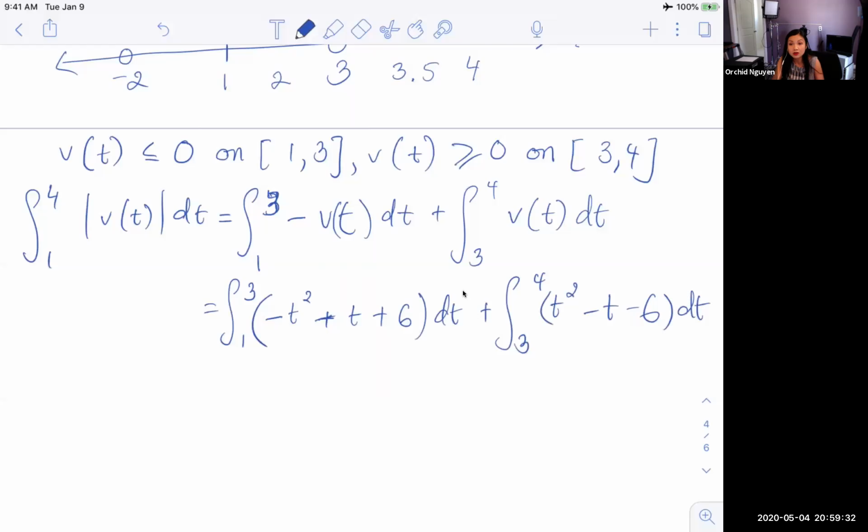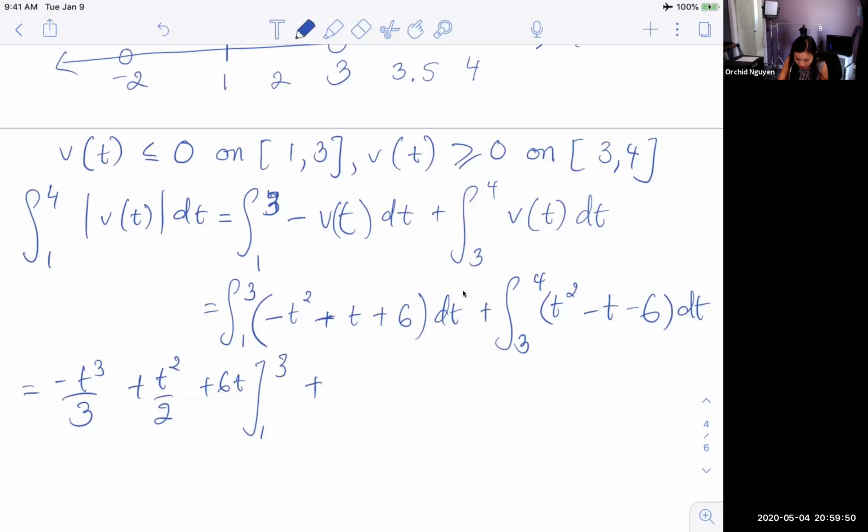And then from here, we integrate. So we get negative t cubed over 3 plus t squared over 2 plus 6t, and then we evaluate from 1 to 3.